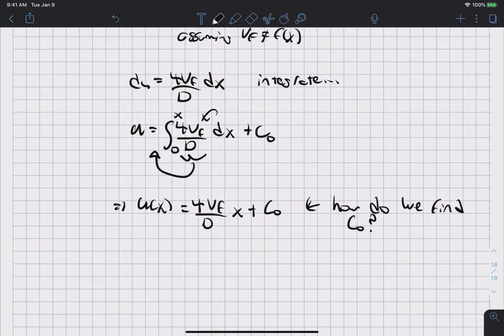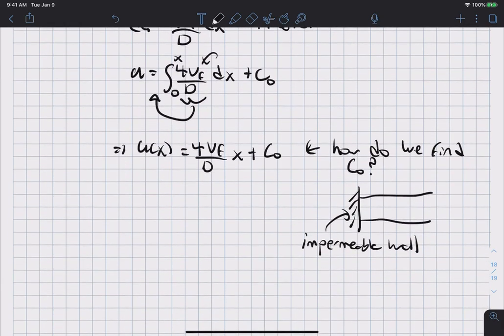Well, we only have one constant, and so we need to know the velocity u of x at one position to be able to solve this. But at the left side of the tube, this is an impermeable wall. Okay, and flow cannot penetrate this wall over here. So flow cannot go through this wall.